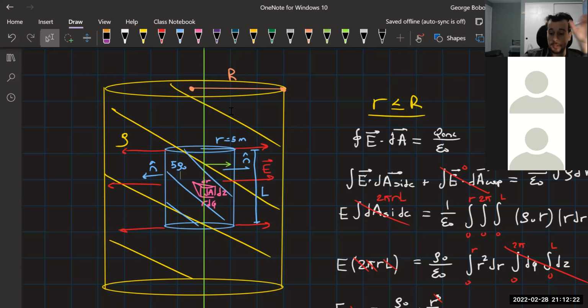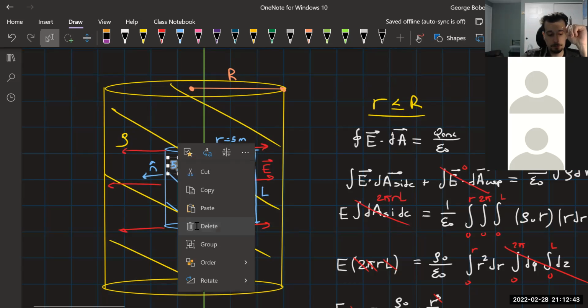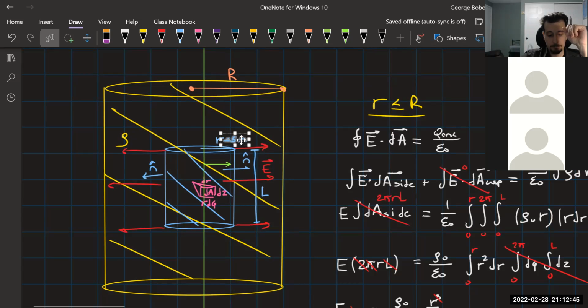I'll tell you that it reminds me of the problem we just did with the 2 spheres. You're not supposed to find the electric field of such a situation. With the 2 spheres in the vicinity of each other, you can't do it. So both of them have to have charge.